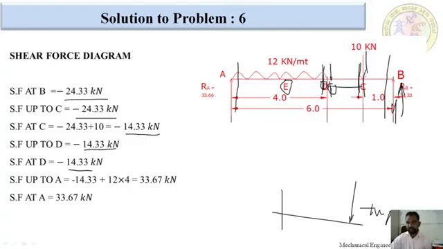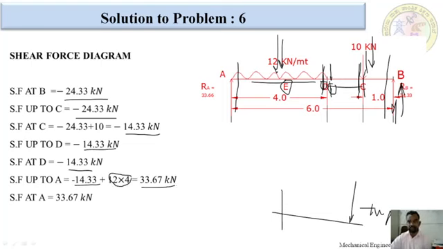This is upward force, negative force, and this is downward force, the conversion of this one, 12 into 4, 48. Up to here we got negative 14.33, and this we have to add because it is downward force: negative 14.33 plus 12 into 4, this is the conversion of UDL into point load. We will get positive 33.67 kilonewton.